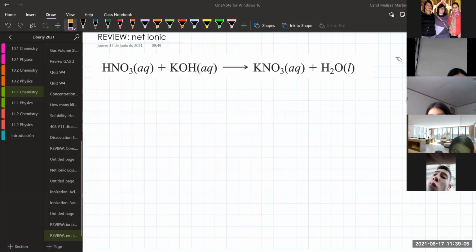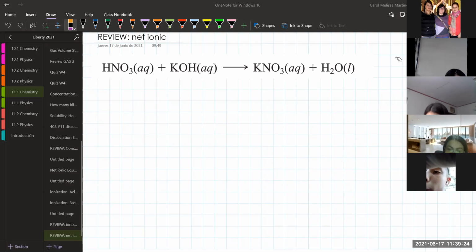So it says nitric acid, which is an aqueous solution, plus potassium hydroxide, which is also an aqueous solution, produce potassium nitrate as an aqueous solution and water in its liquid physical state. So take a look.